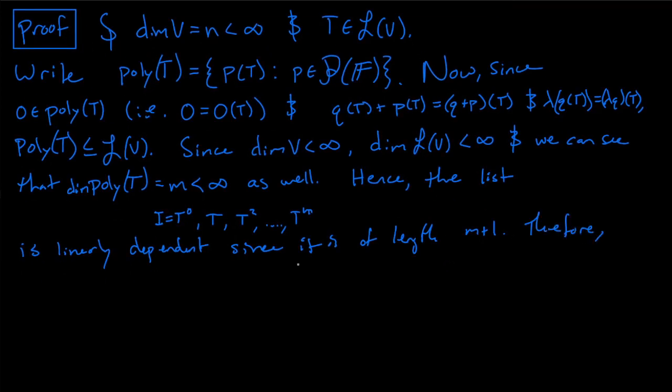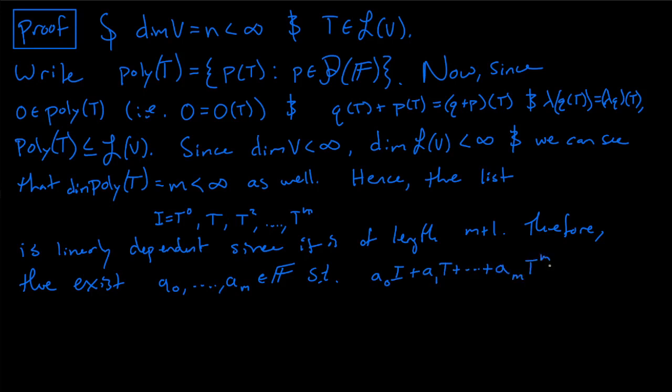Therefore, there exists a0 all the way up through am in the field such that a0 I plus a1 t plus dot dot dot all the way down to am t to the m is equal to 0.